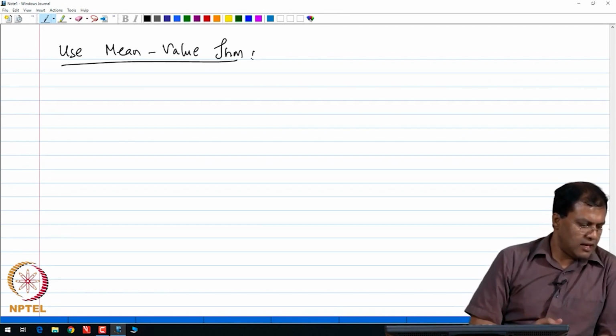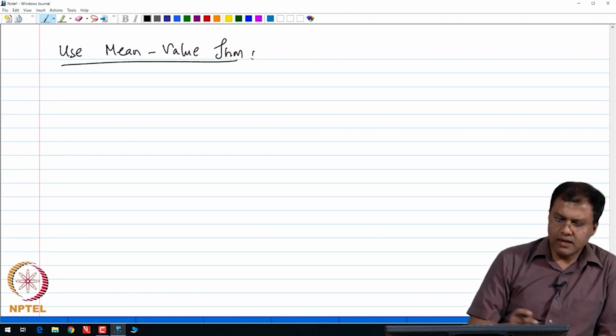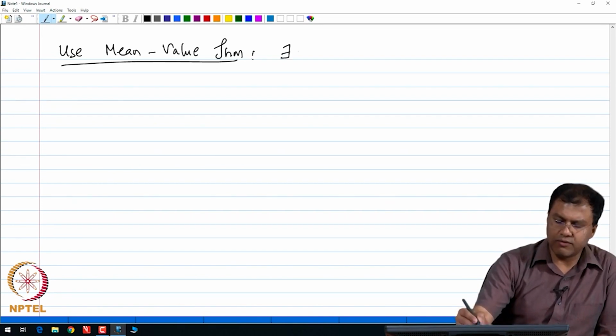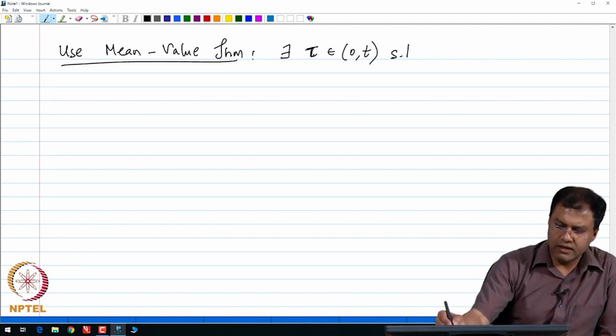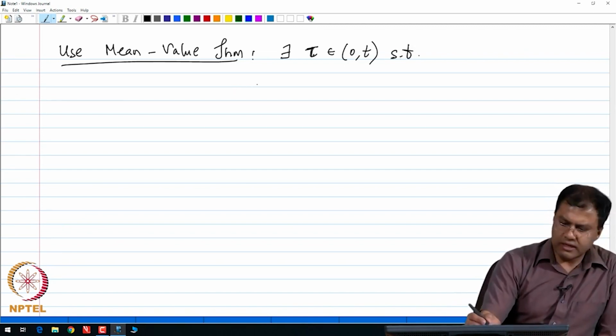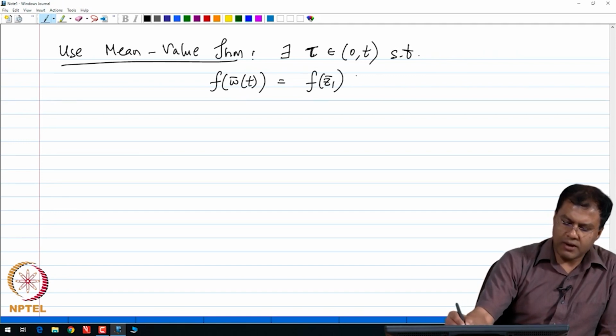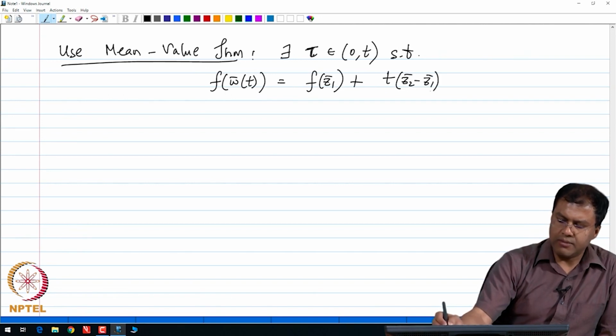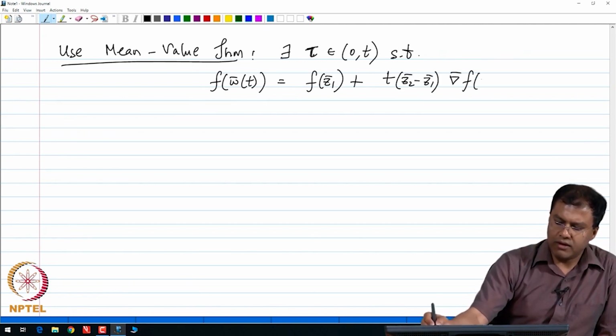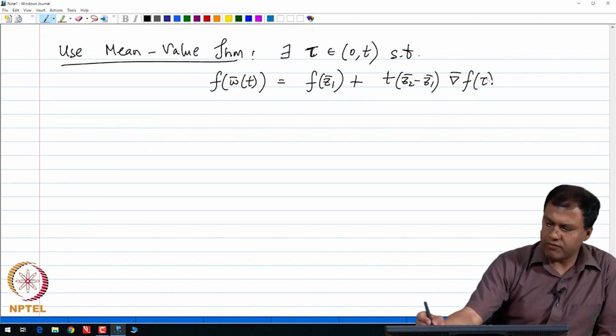let me say that the mean value theorem says that for a convex function there exists a number tau from 0 to t, the interval under consideration, such that f of omega of t is equal to f of z1 plus t times (z2 minus z1) times grad of f of omega tau.